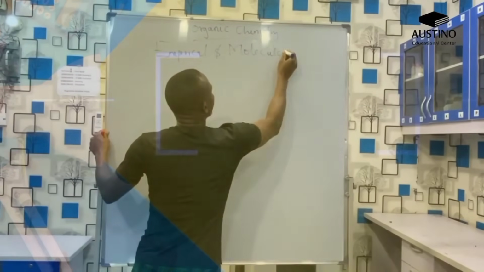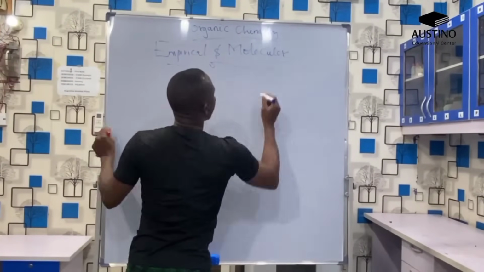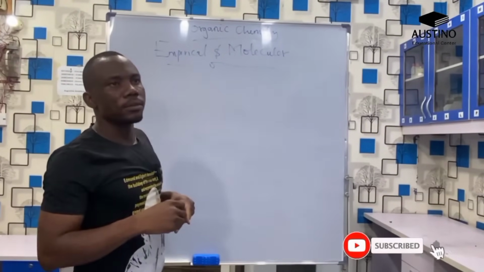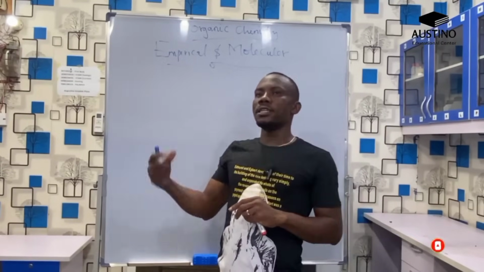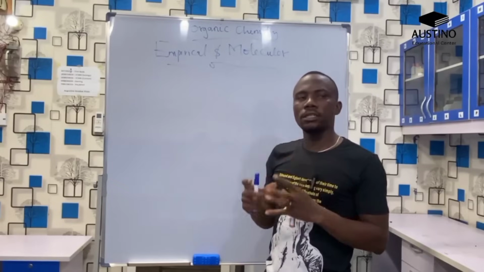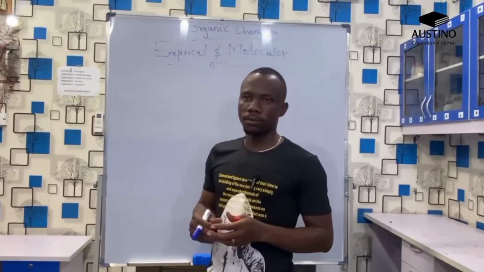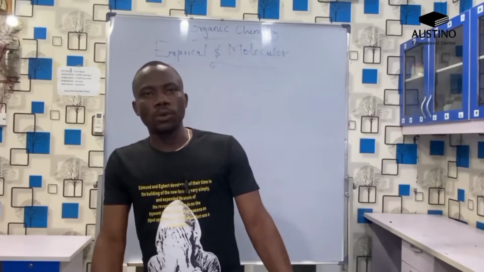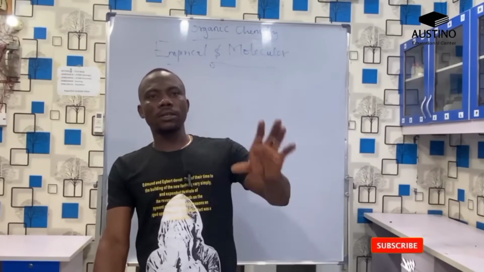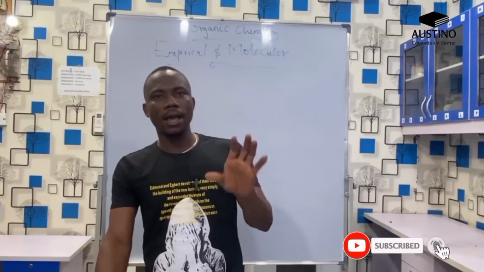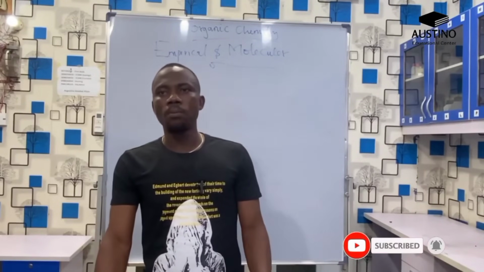In our previous video, I pointed out that empirical formula and molecular formula show the simplest and the actual whole number ratio of each element present in certain organic compounds. For an organic compound to exist, carbon, the major element in organic compounds, must be present. And then how can carbon be determined empirically?